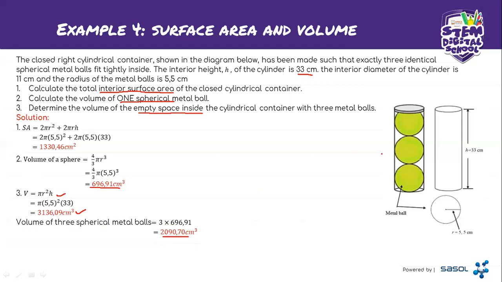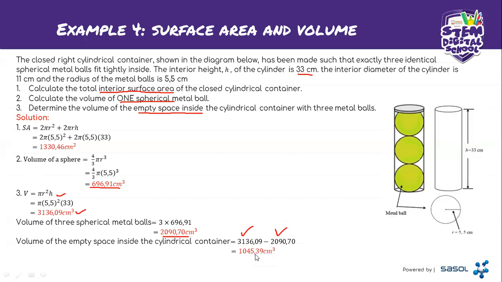Now, because we want the volume of this empty space, we say the volume of the empty space inside the cylindrical container is the volume of the whole cylindrical container minus the volume of the 3 metal balls, which is this one. Then you just subtract them.